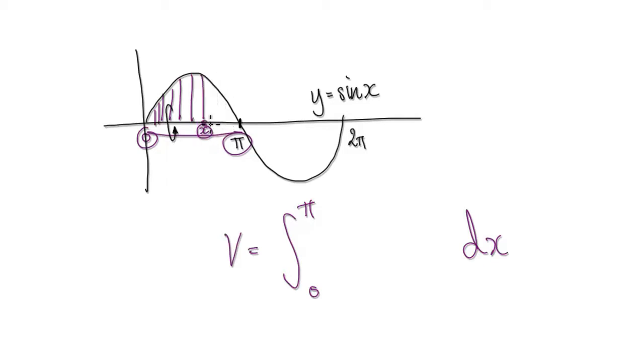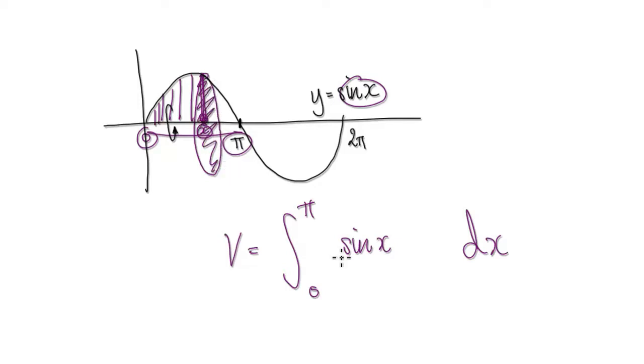Well, the height here is sine of x. So once you've got the height, which is sine of x, quickly pi r square it. That will give you the area of a circle.